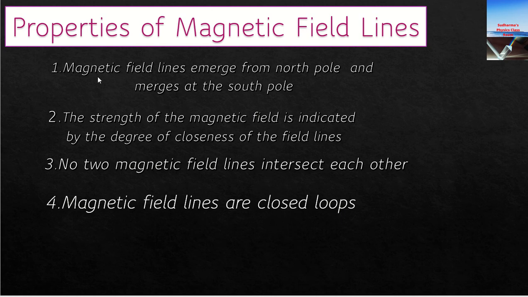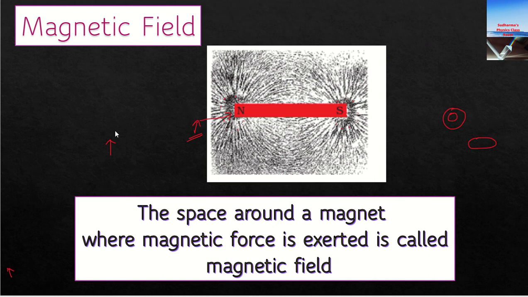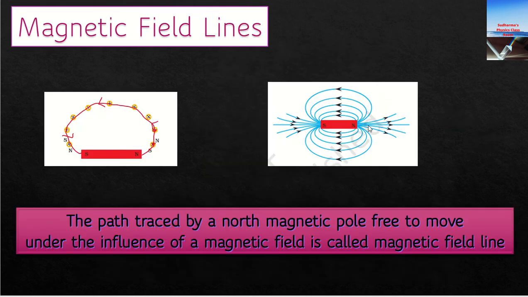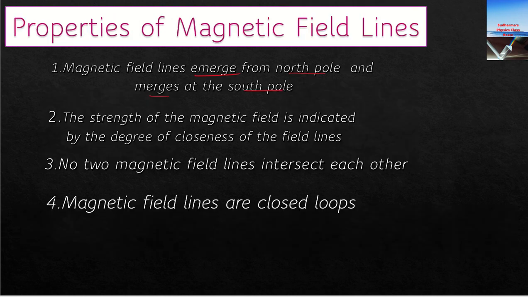So we have seen the magnetic field lines coming from the north and going towards south, right? So we can say that magnetic field lines emerge from the north pole and merge at the south pole. It's coming out of this north pole and reaching the south pole. Okay. So this is the important property of magnetic field lines.